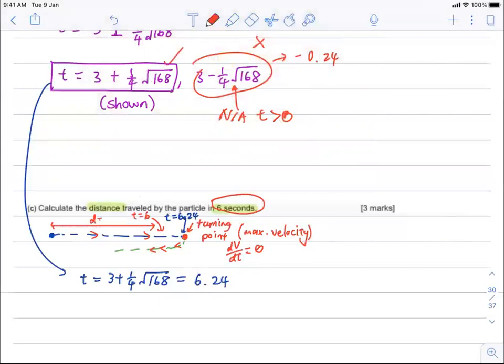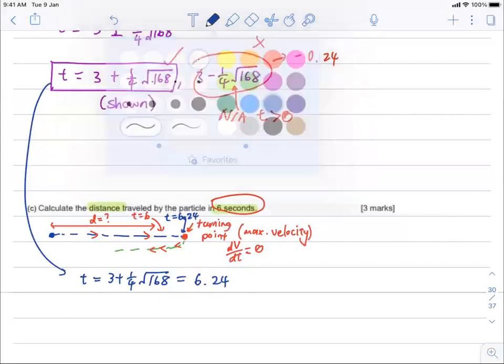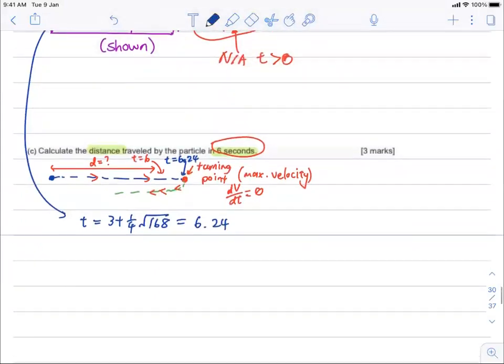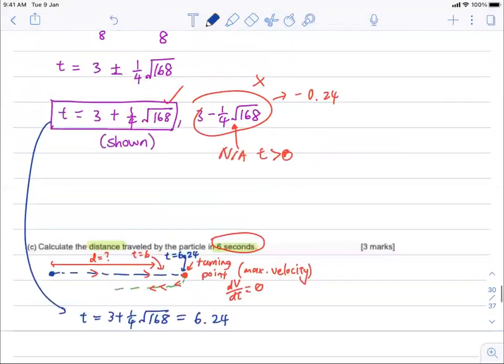This is the distance we want to find. We do not need to consider how far the particle has traveled after it turns into another direction, which means we can directly find the answer. We don't need to go to the turning point and also find the distance after the turning point. Okay, so let us get straight to it.